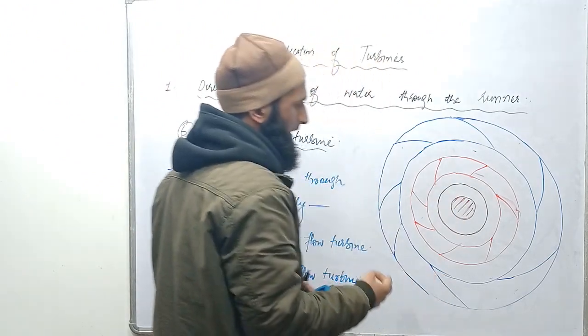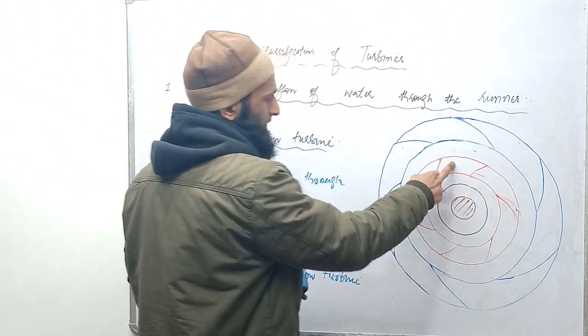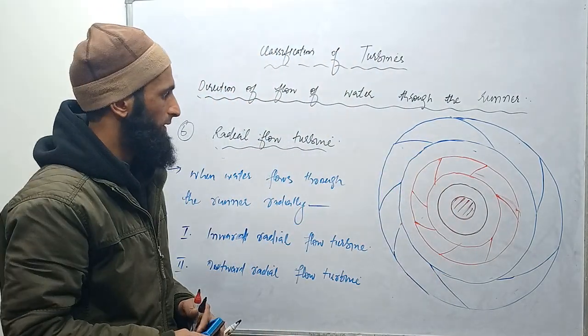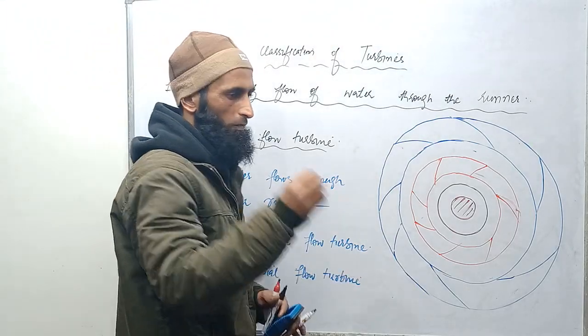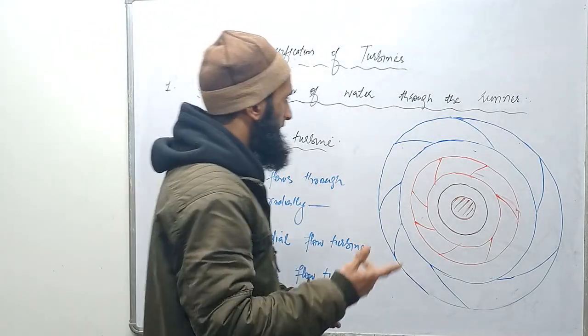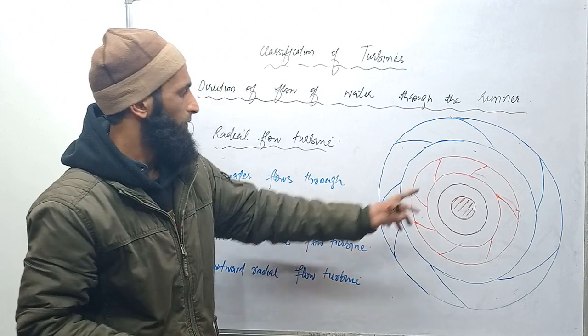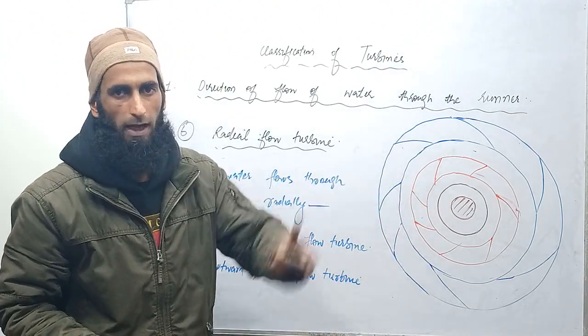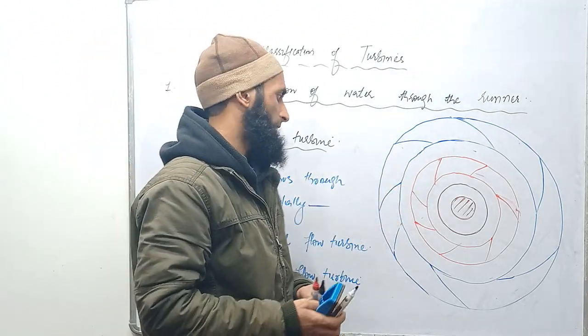You can see here we have two wheels. One is this wheel and one is this wheel. Among these two wheels, one wheel is guide wheel and one wheel is runner.